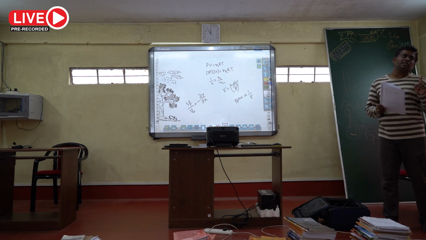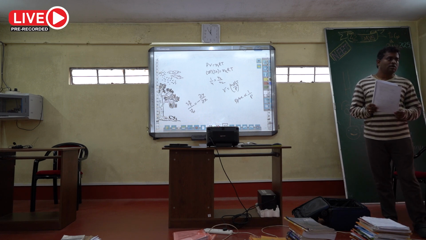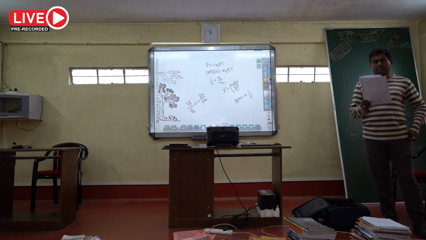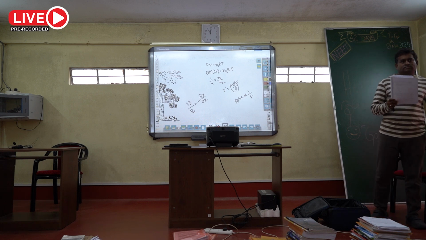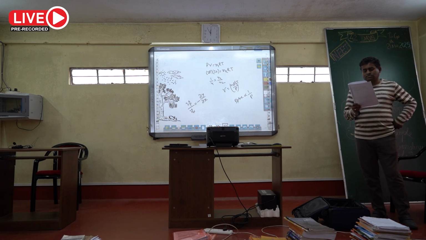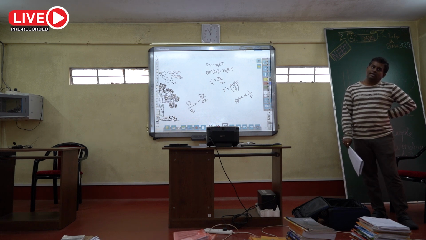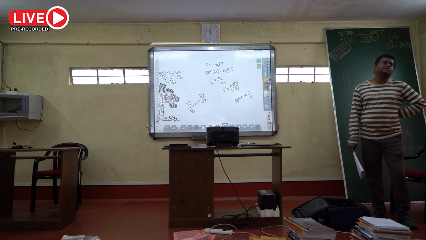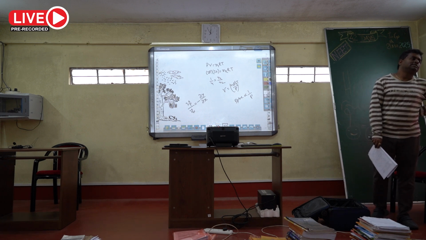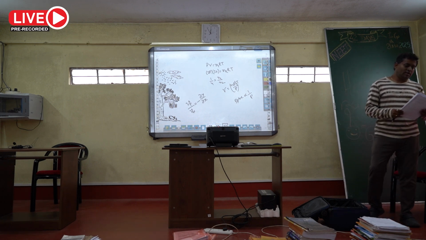Less resistance in the parallel combination will draw higher current. So bulb B draws more current than bulb A because bulb B's resistance is less than the resistance of bulb A.